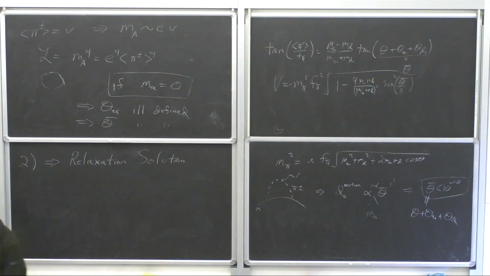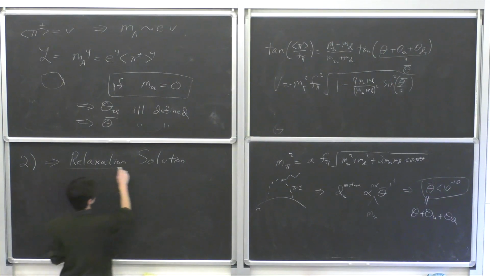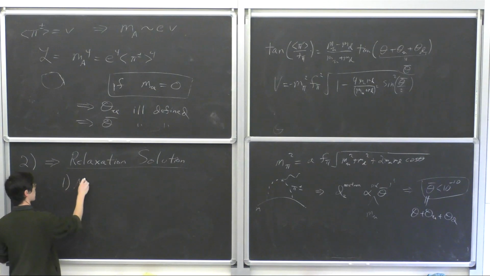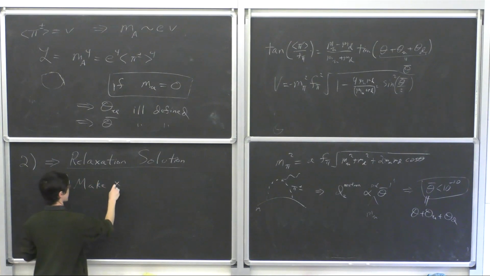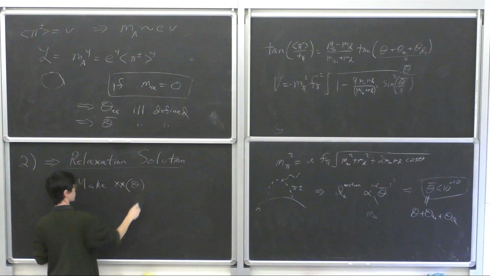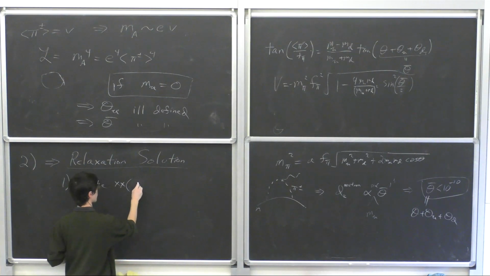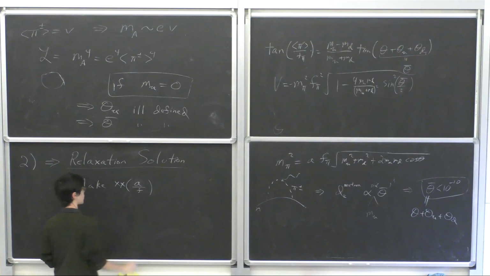Okay, so is there a relaxation solution? Well, remember what we said when talking about relaxation. One, make xxx a function of a field. I guess let's call it phi over, we're going to call it the axion, A over F.